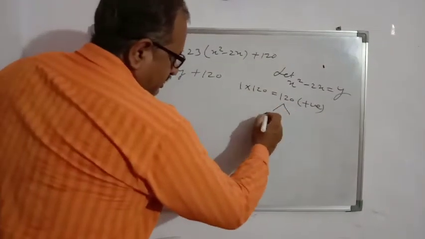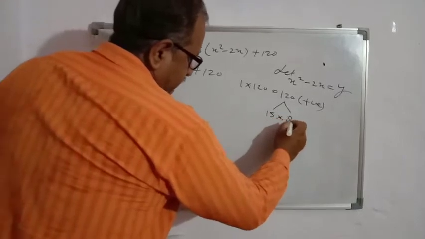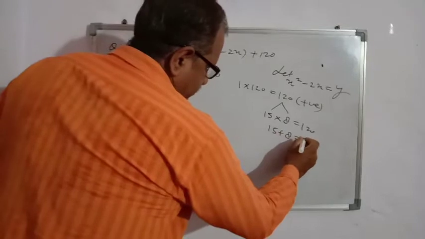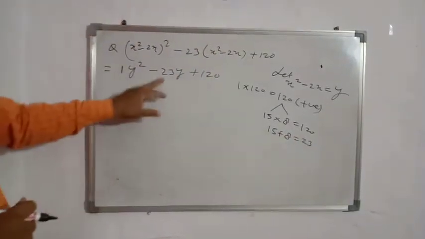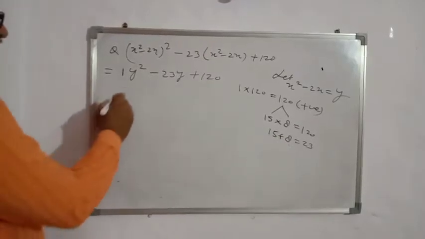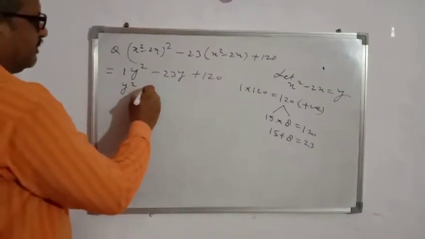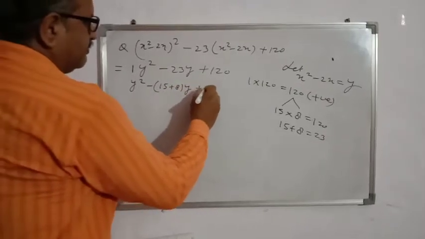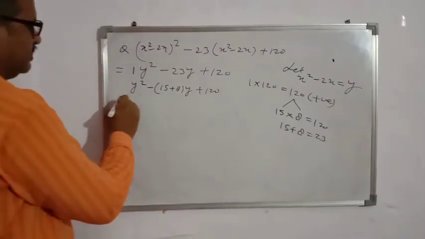So we can take 15 into 8. 15 into 8 is 120 and we know that 15 plus 8 is equal to 23. So in place of 23 we have to write 15 plus 8. So y square minus 15 plus 8 y plus 120.